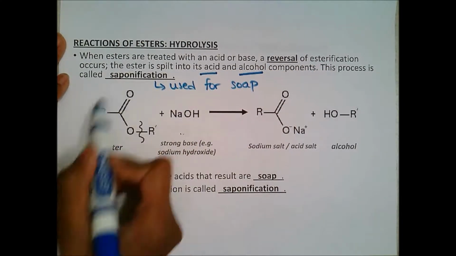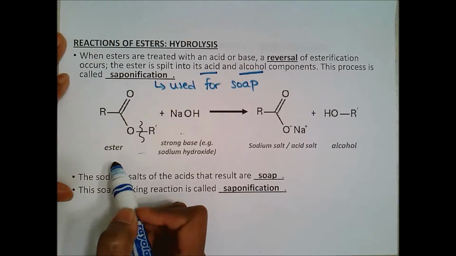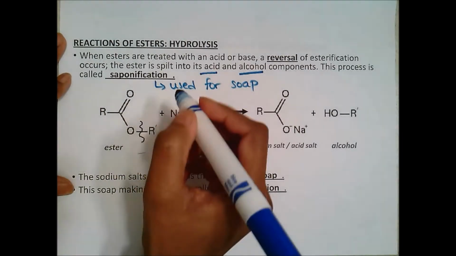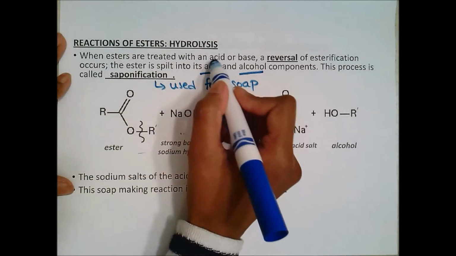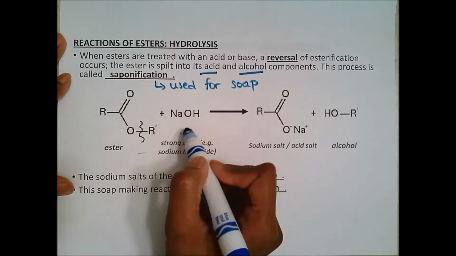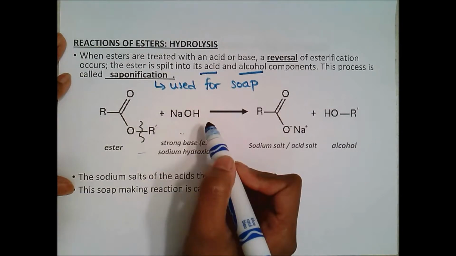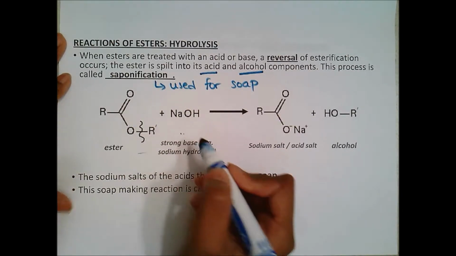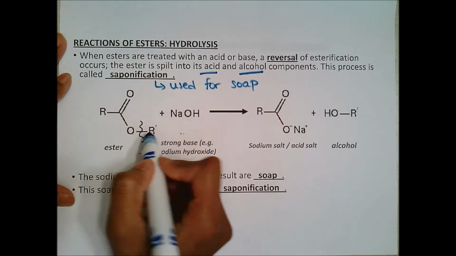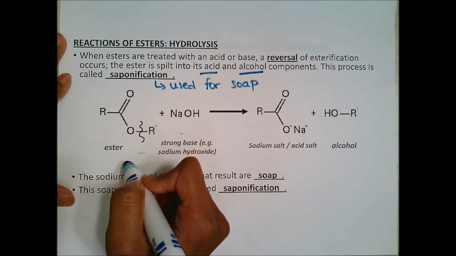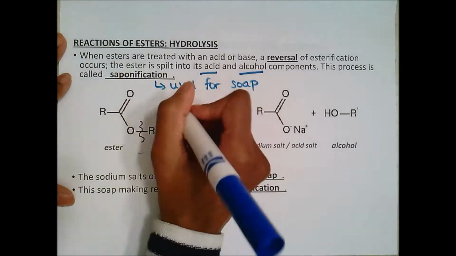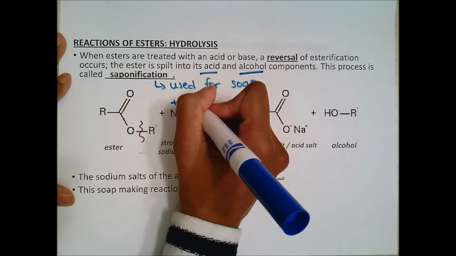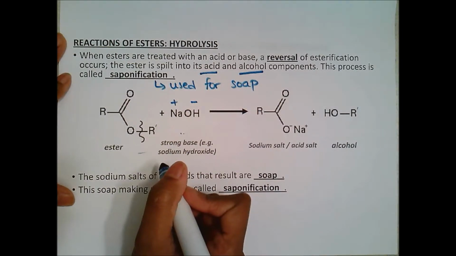So here is our ester. What's going to happen here is you're going to have an ester and an acid or base. Pretty much all our reactions involve a base for some odd reason. So you have sodium hydroxide as a strong base, and it's going to break the ester apart into two different things. You have sodium, which is a plus one, and a hydroxide, which is a negative.